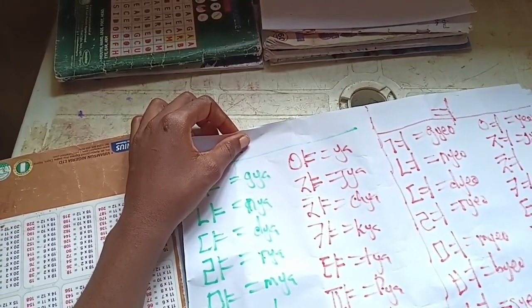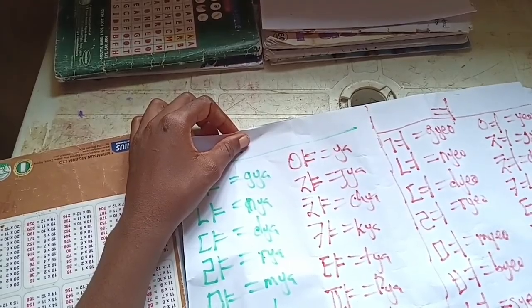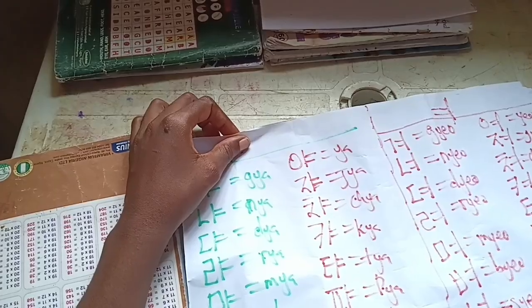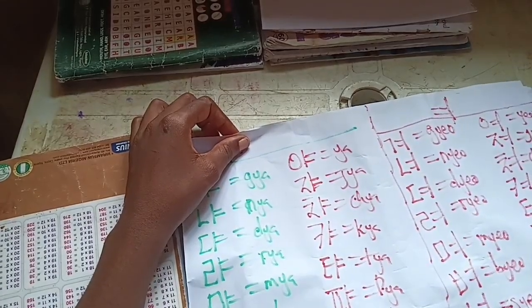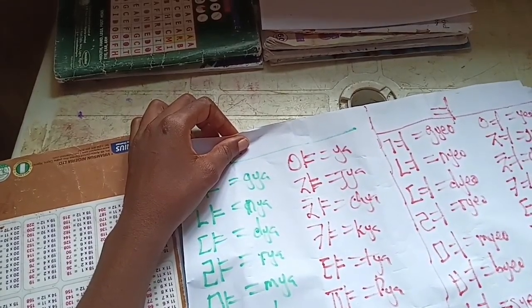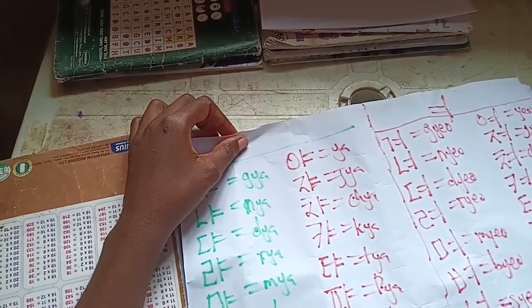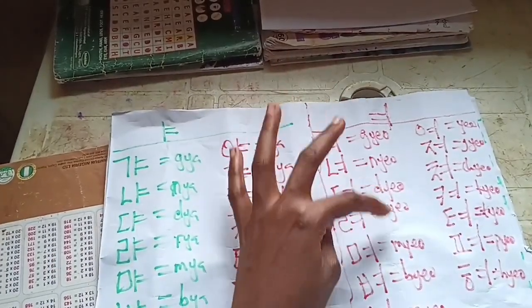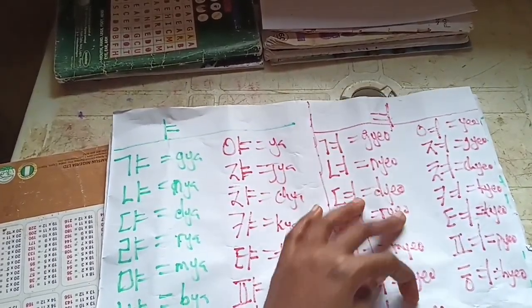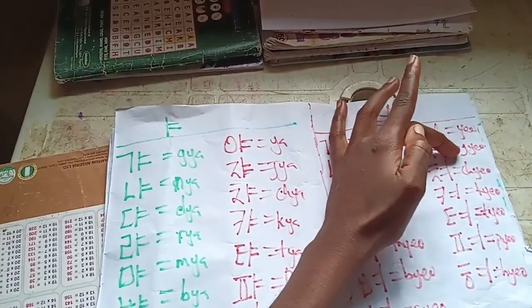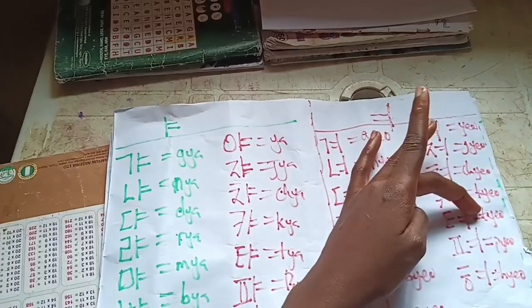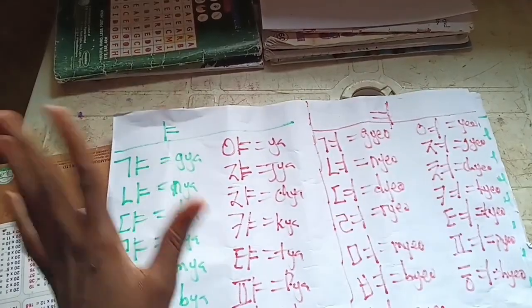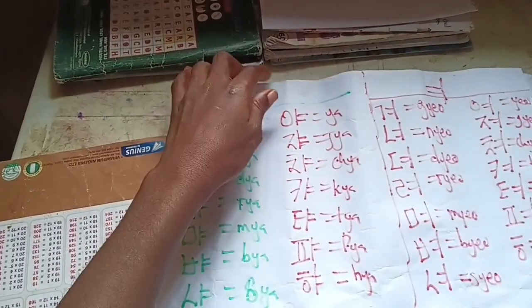Then J Y E O, C H Y E O, K Y E O, T Y E O, P Y E O, and H Y E O. So we have gyo, nyo, dyo, ryo, myo, byo, syo. Yo, jyo, chyo, kyo, tyo, pyo, hyo. Simple as ABC, right guys?